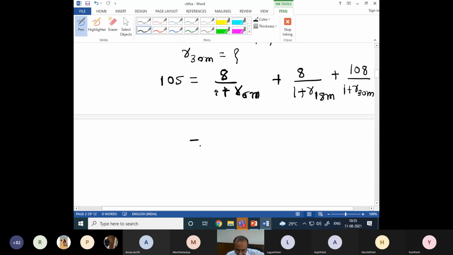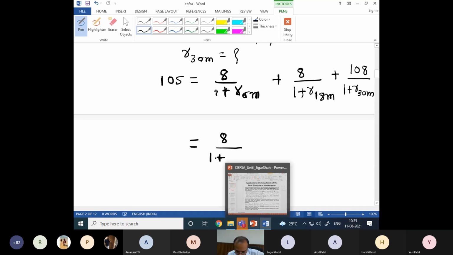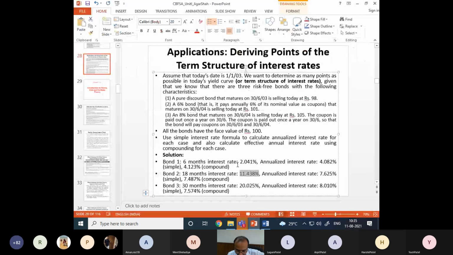So now we have our R 6 month available, which we have calculated. So it is 8 divided by 1 plus R6 month. What we have calculated for R6 month, that we use. So R6 month is 2.041% and R18 is 11.438%.